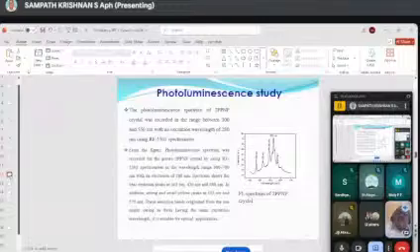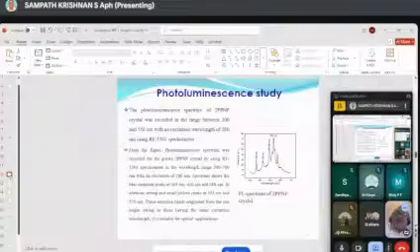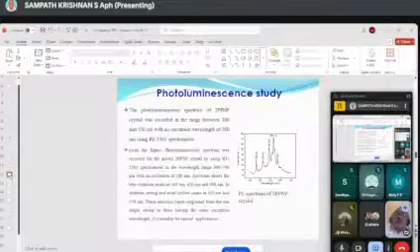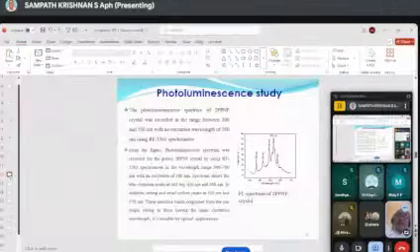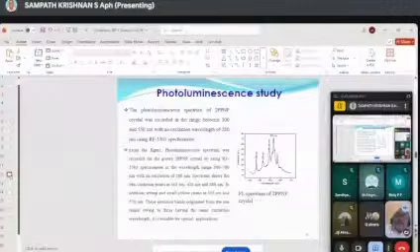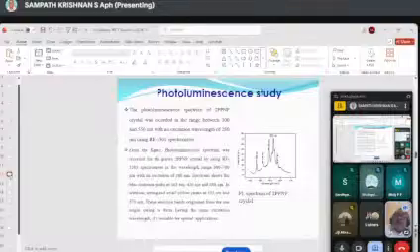Photoluminescence studies were carried out for the grown crystals and recorded from 300 to 500 nanometers with an excitation wavelength of 280 nm using an RF 5301 spectrometer. From this graph, the photoluminescence spectra were recorded for the grown crystals in the wavelength range from 300 to 700 nanometers with excitation of 280 nanometers.